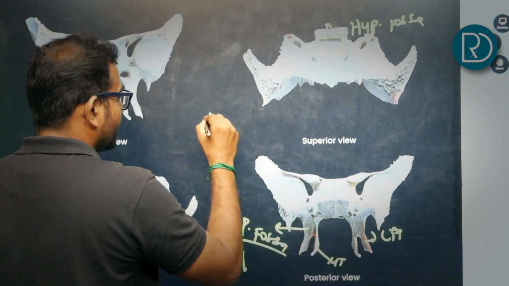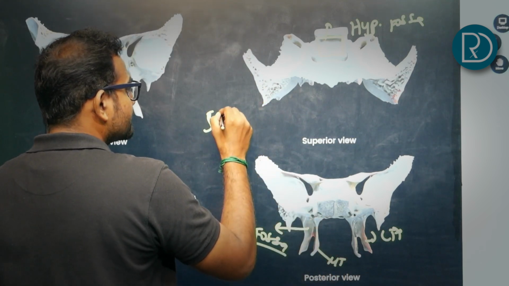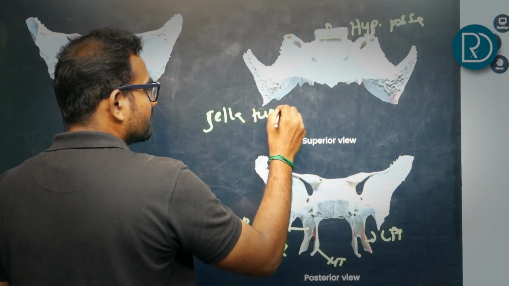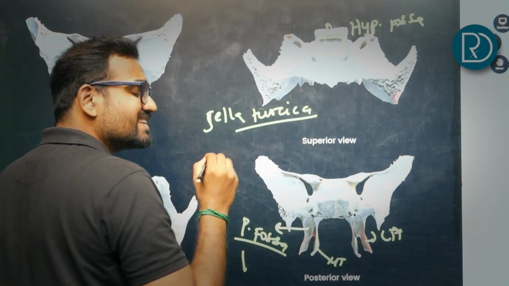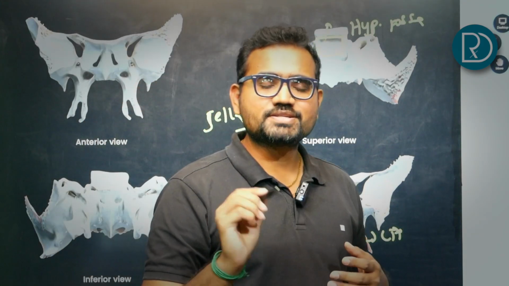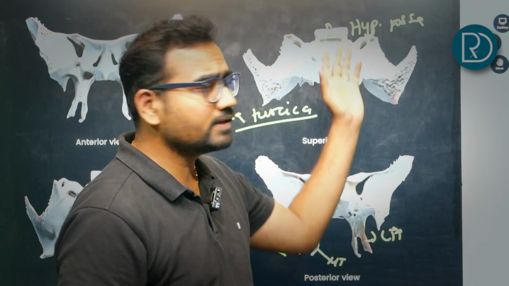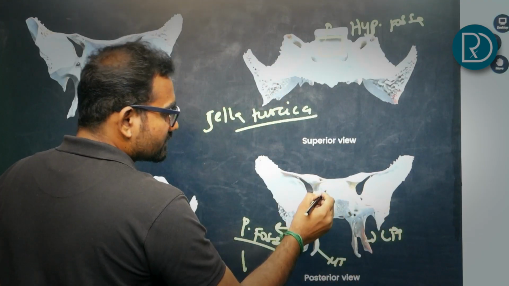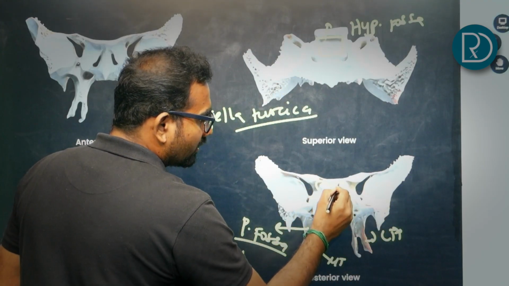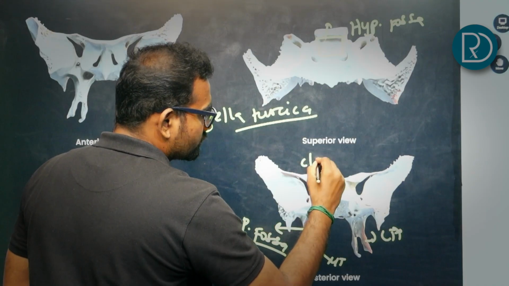The sella turcica houses the pituitary gland. So the pituitary gland is located in the hypophyseal fossa. You see a knob and horn-like thing here. This is the clinoid process.